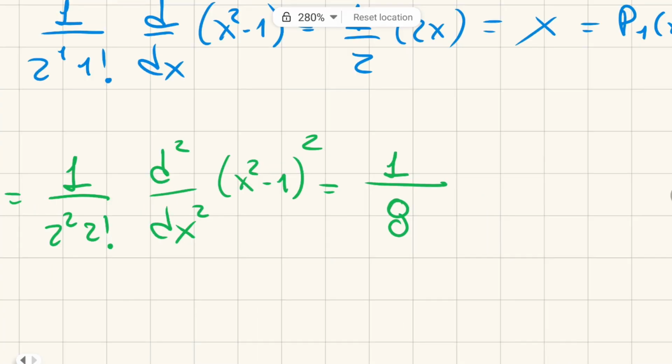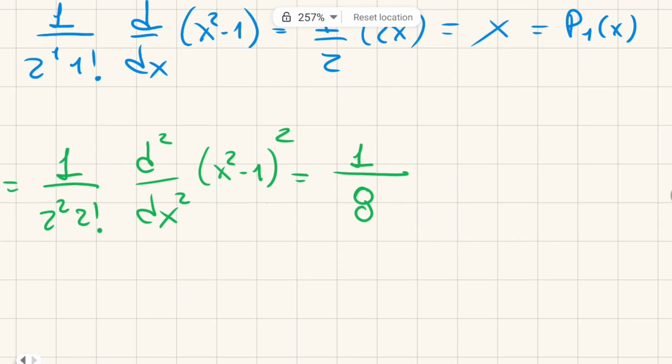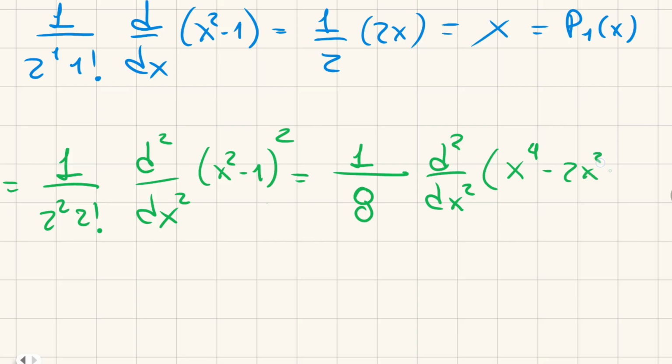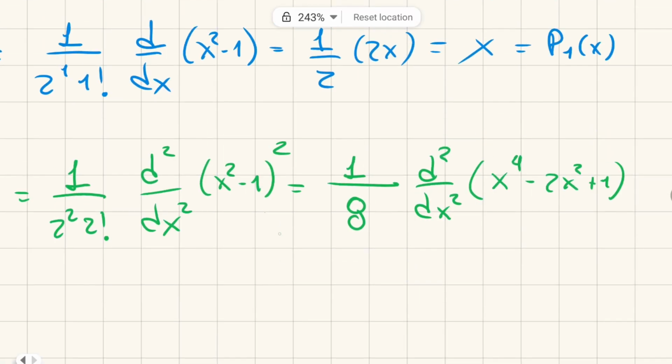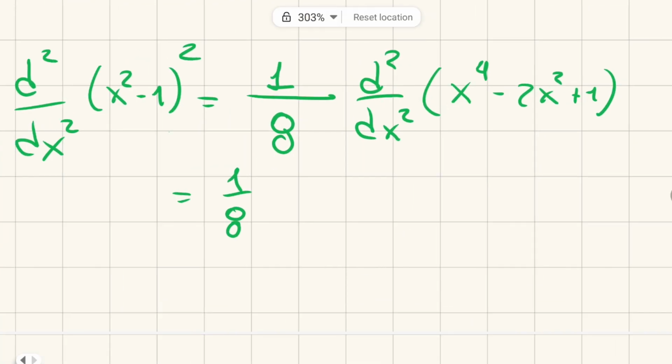And then I think the easiest way to do this is to raise this to the second power first and then take the second derivative. So this will be the second derivative with respect to x of x to the 4th minus 2x squared plus 1, times 1 divided by 8. And then what happens if we take 2 derivatives?